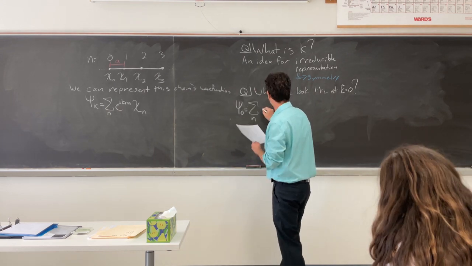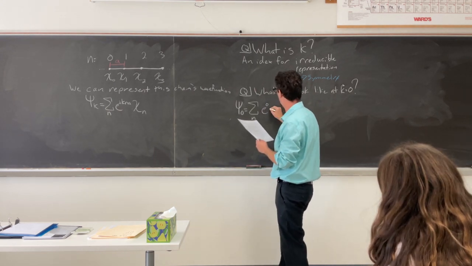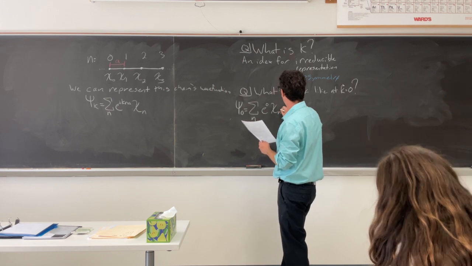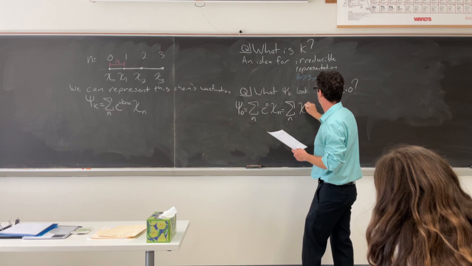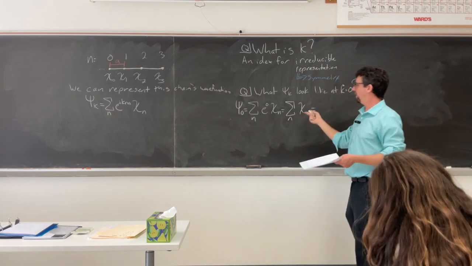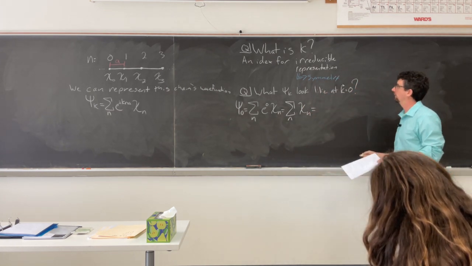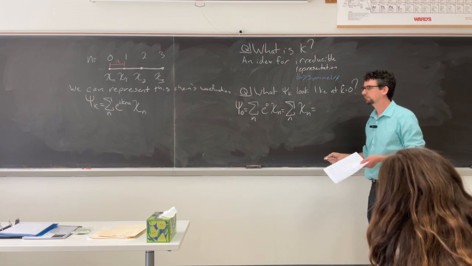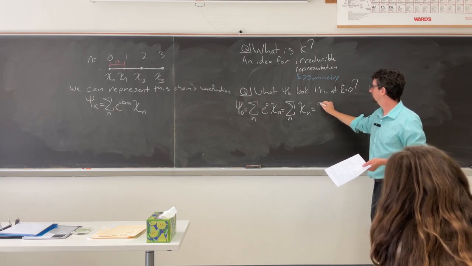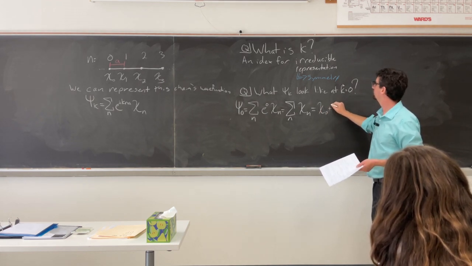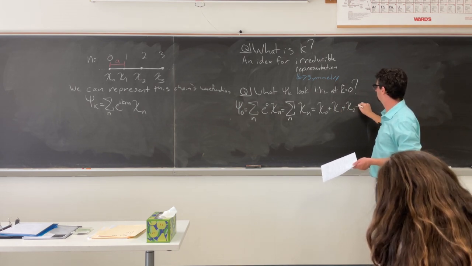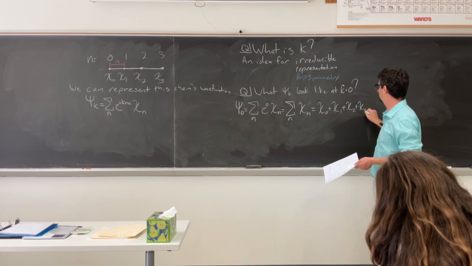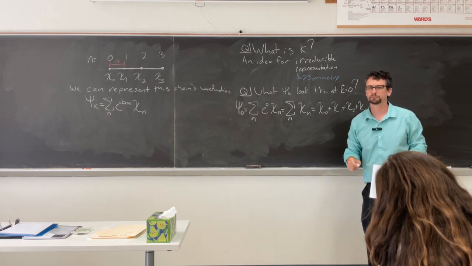Yep, e to the 0, which is 1, times chi sub n. If we wanted to expand that, what would that look like? And so on.